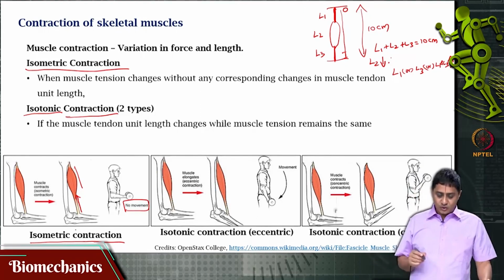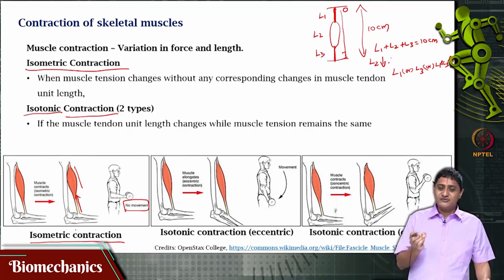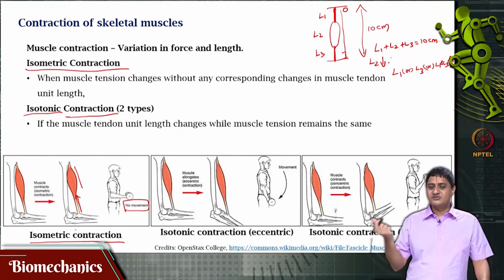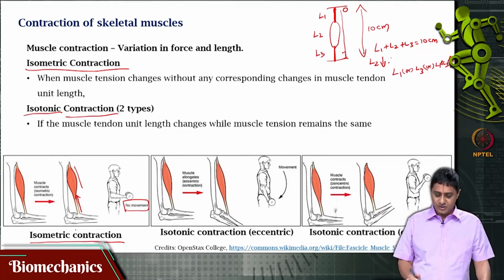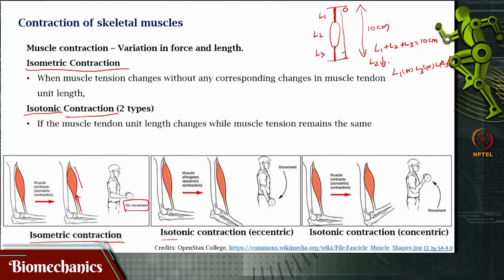In the case of the isotonic contraction, the tension that you feel or the force that you feel in the muscle remains a constant, but the configuration keeps changing. That is, when you perform slow, steady movements, for example, that is called isotonic contraction.